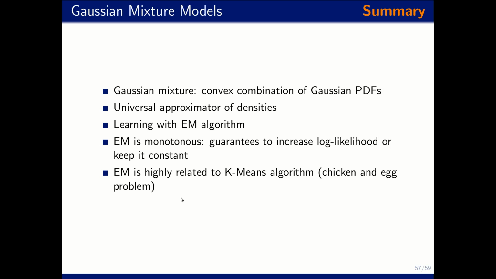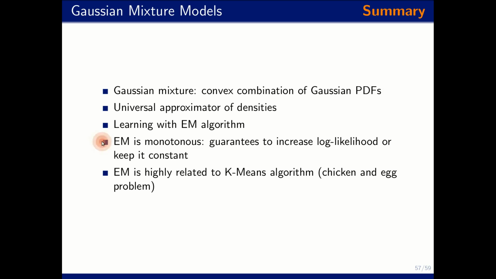And this concludes the section on Gaussian mixture models. We introduced Gaussian mixture models, which are convex combinations of Gaussian PDFs. And we said that they are universal approximators of densities. So in principle, you can approximate any density arbitrarily well with a Gaussian mixture model. We introduced the EM algorithm, which is the canonical learning algorithm for Gaussian mixtures. EM has some nice properties.